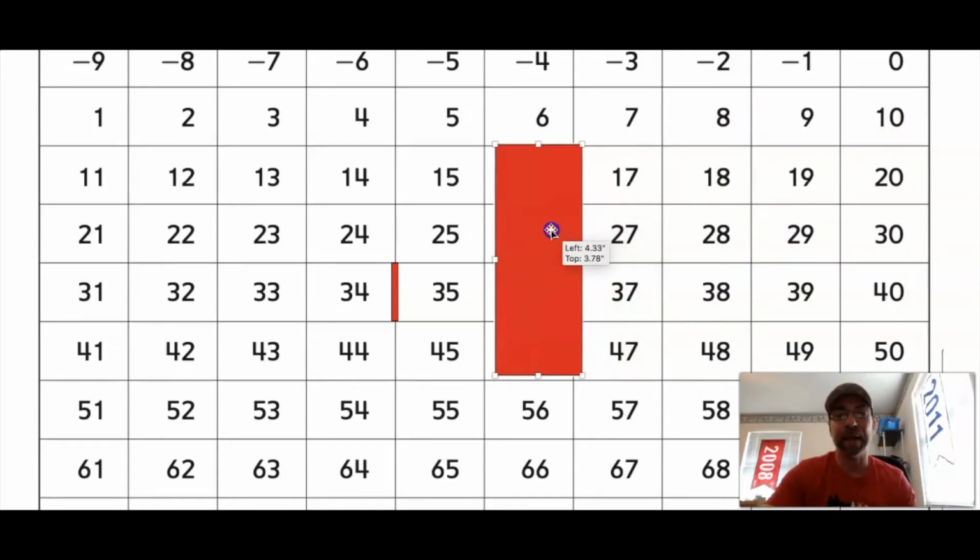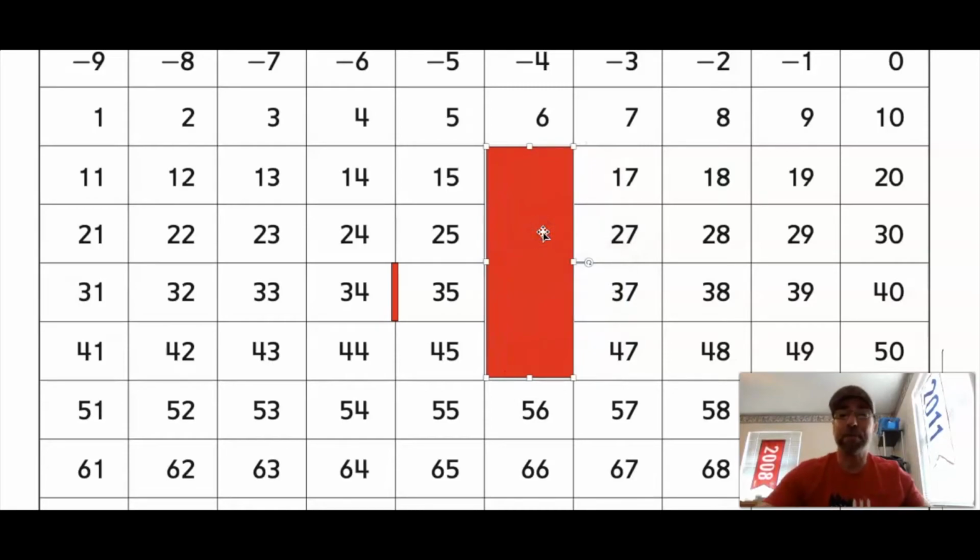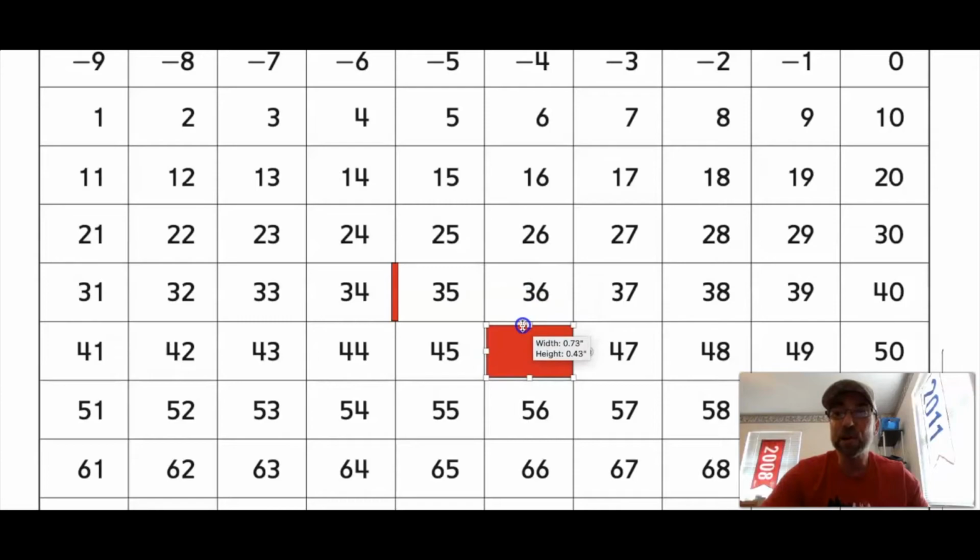Let's see another example. Here, I covered some numbers. We have the number 6. If I want to add 10 to the number 6, I get 16. If I add 10 to 16, I get 26. If I add 10 more, 36. If I add 10 more, 46. Notice another pattern exists.